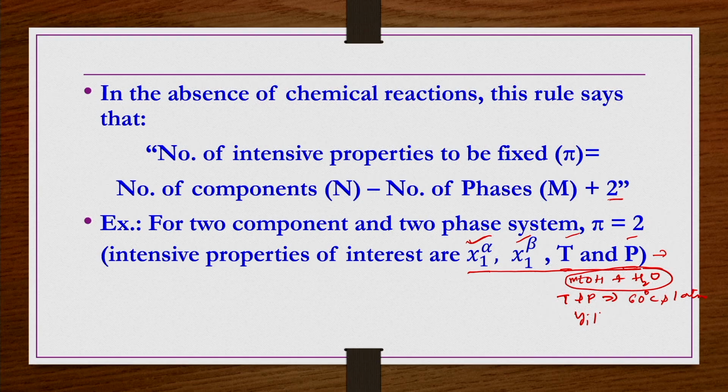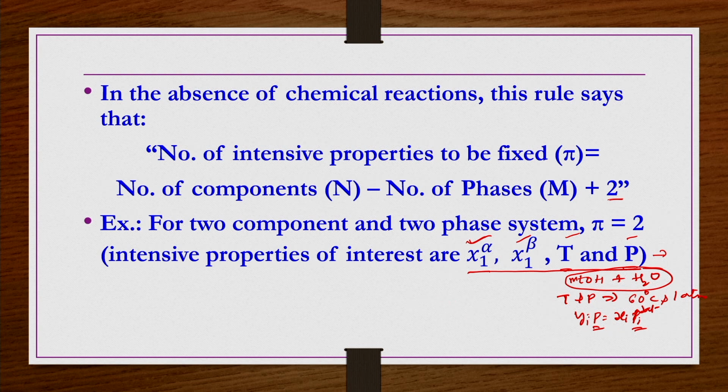Then we can use yi P equals xi Pi sat. This relation we can use, right. Pressure is anyway fixed. For a given temperature, Pi sat you can find out, and from there yi and xi you can directly find out. For two components, if you write, what will happen? I have written the generalized one.